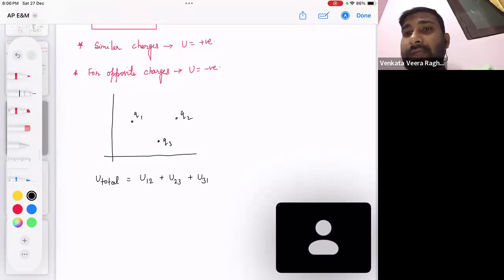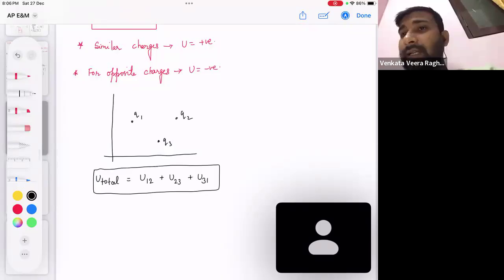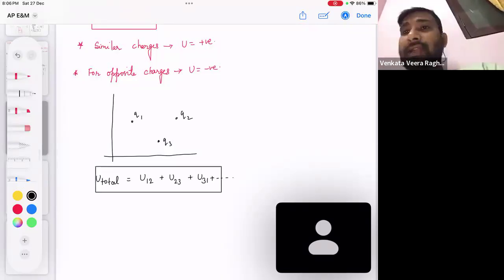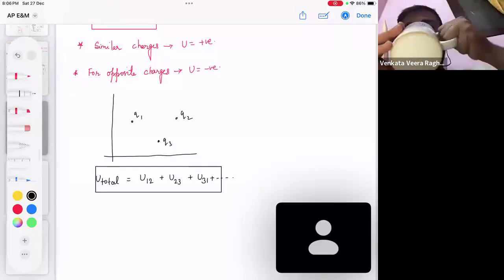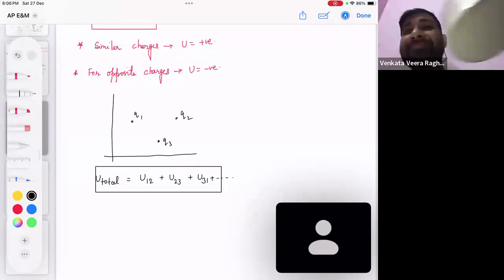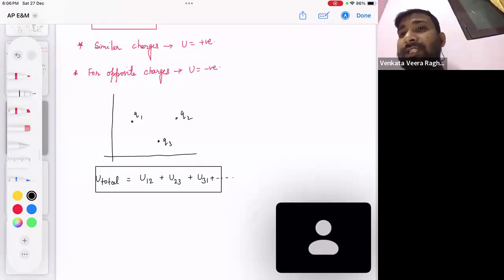Okay, if three charged particles are given, then how many pairs will we have? Three pairs will form. Two charged particles, so one pair will form. If four charged particles are there, can you tell me how many pairs will form? Please tell me. For four charged particles, how many pairs will form?